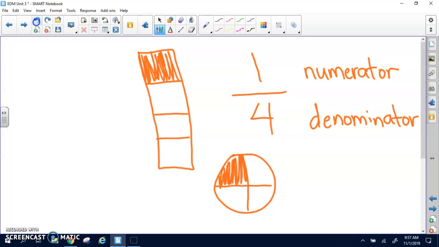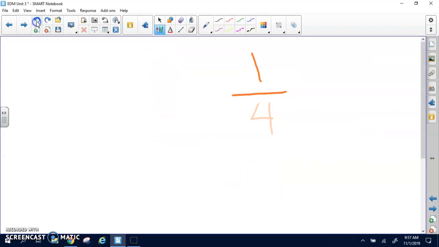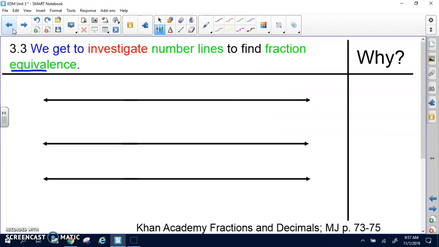Okay, wonderful. The next thought I need to give you about fractions is that they can be looked at like a counting number. 0 is something. 0 is where you start your counting. I don't have enough eyes.